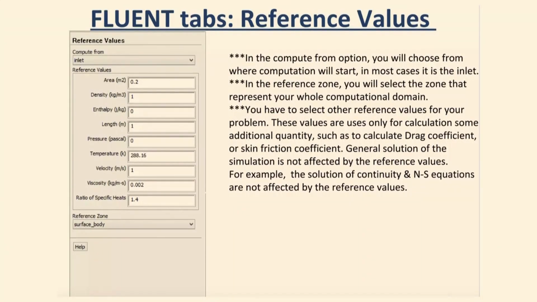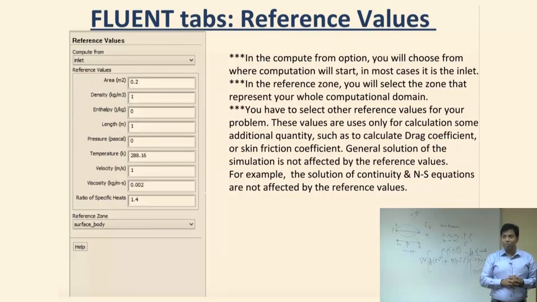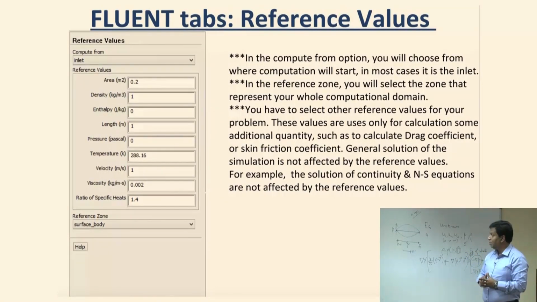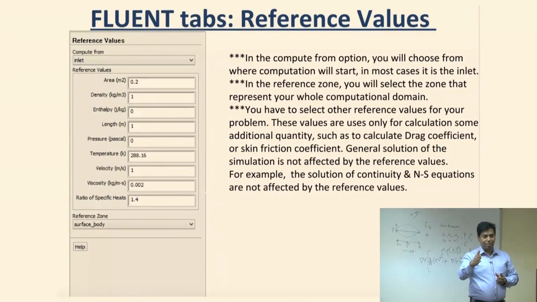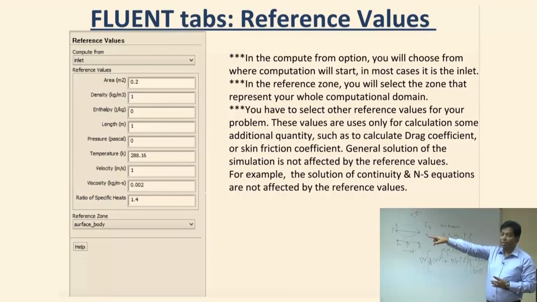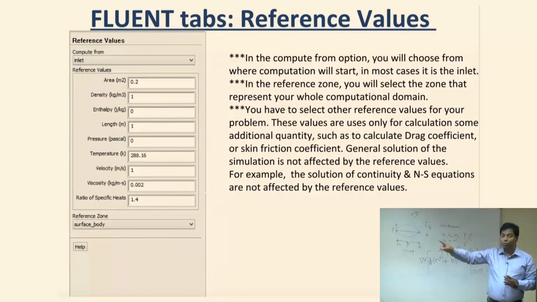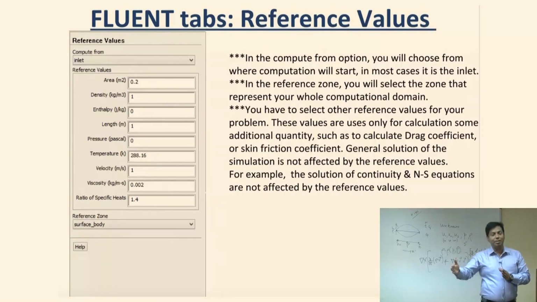And the reference value. The reference value does not do anything with your simulation, but it helps you for post processing. Post processing means, for example, when you calculate the Nusselt number or the heat transfer rate, you need a reference temperature. If your reference temperature is not correct, then you will not get correct results.